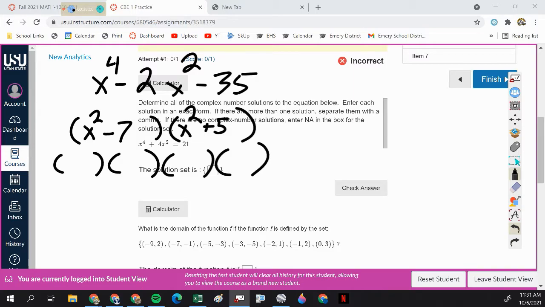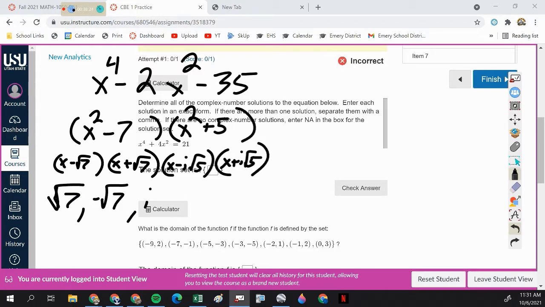Okay, how does the x squared minus 7 factor? x minus root 7 and x plus root 7. And the next one? x minus i root 5 and x plus i root 5. So my answers would be root 7, negative root 7, i root 5, and negative i root 5. So that's actually one of the easier problems once you see the patterns.